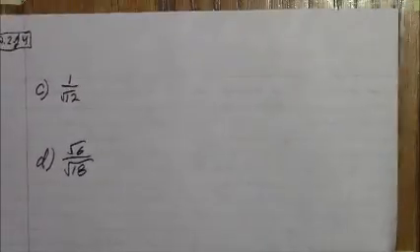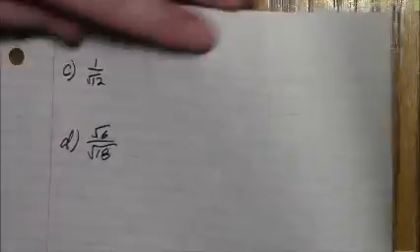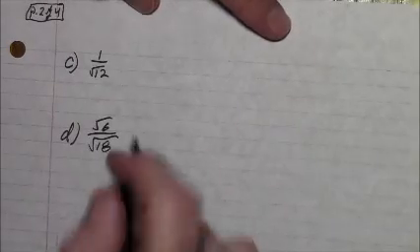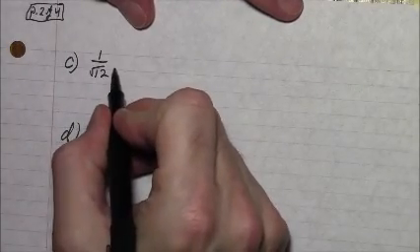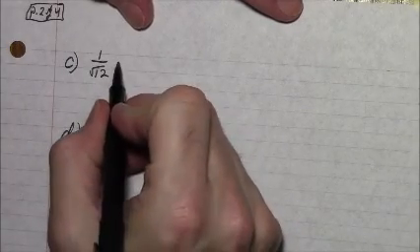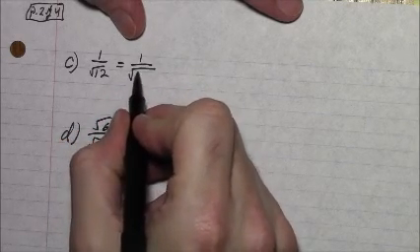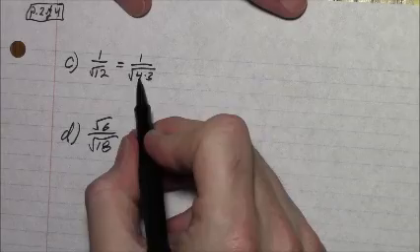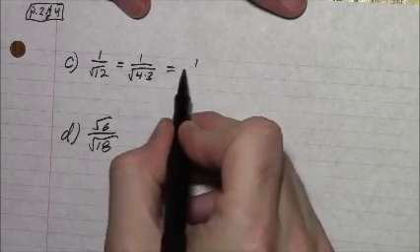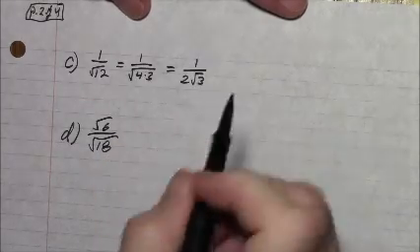So here, we're going to do a couple of other variations to it. In this case, with the square root of 12, there are two things we can do. We can multiply by the square root of 12 over square root of 12, but we first also could have done this, where we're going to simplify the bottom. We have 1 over 2 square root of 3.